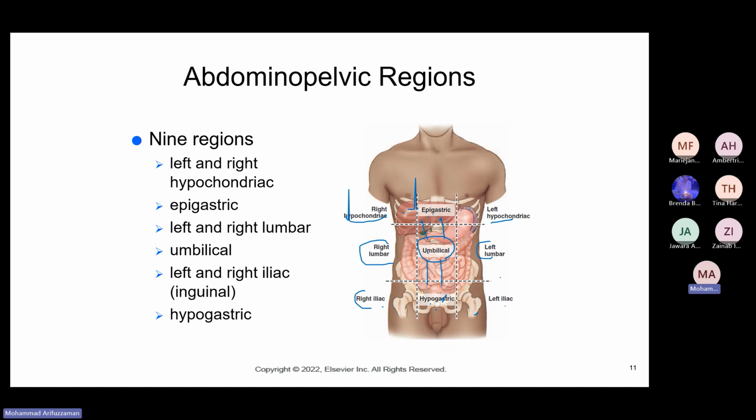I already mentioned, to assist in locating medical problems with greater accuracy and for identification purposes, the abdomen and pelvis are divided into 9 regions. These abdominal regions are often used in relation to physical examination and medical history to describe signs and symptoms.